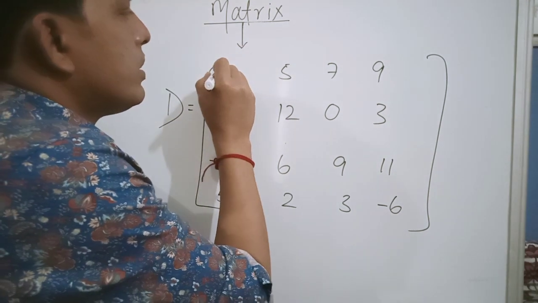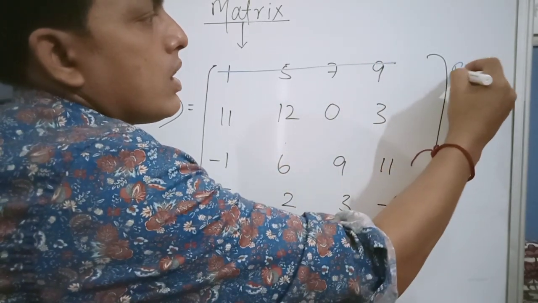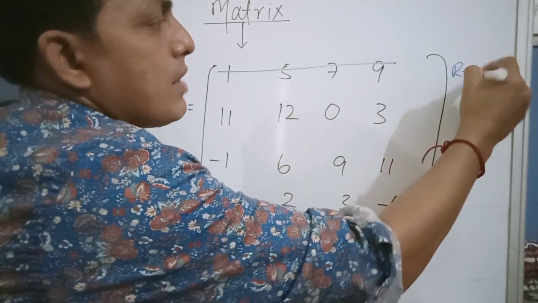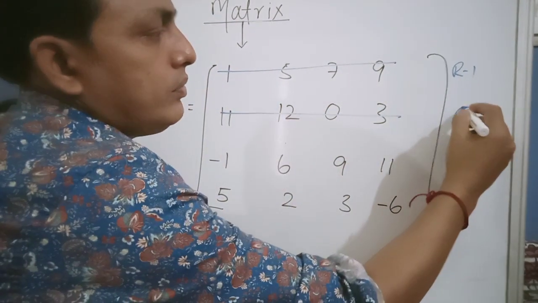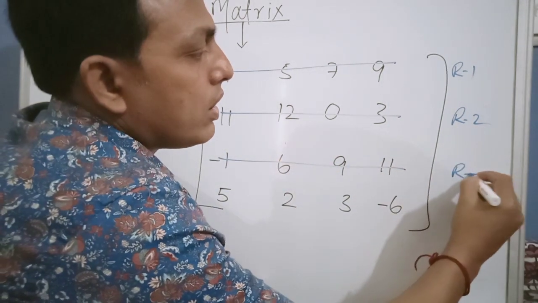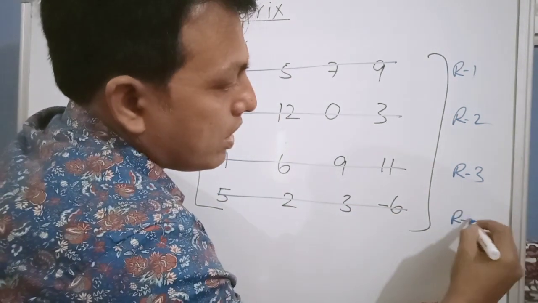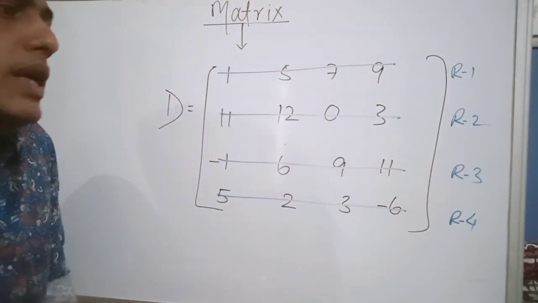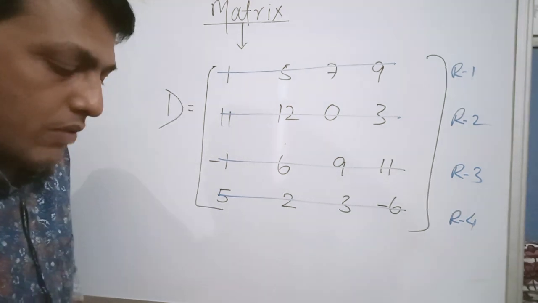Again the same pattern. Row number 1, because this is the horizontal line number 1. Horizontal line number 2, so row number 2. Number 3, so R3. R4. So how many rows are there? 4. How many columns are there? That we have to find.